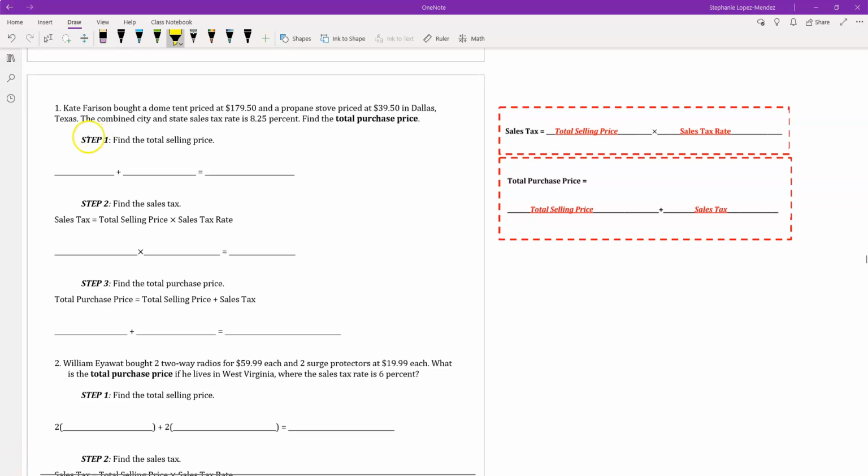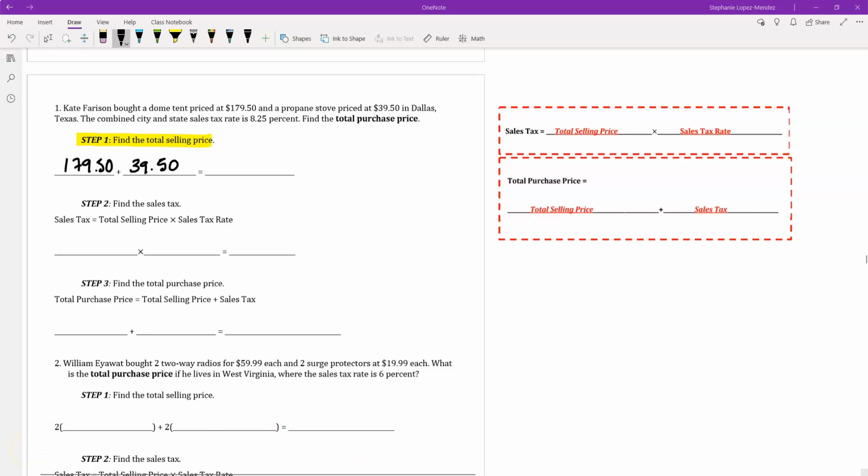Now if we go step by step, step 1 says, find the total selling price. That pretty much says that I need to add the price of the items I bought. So in this case, Kate Ferguson bought the tent first at $179.50. But she also bought the stove at $39.50.